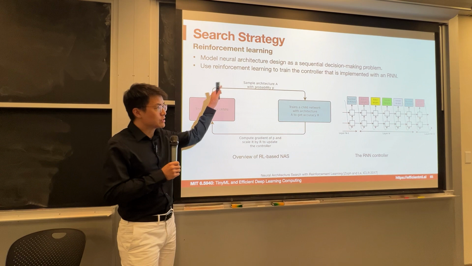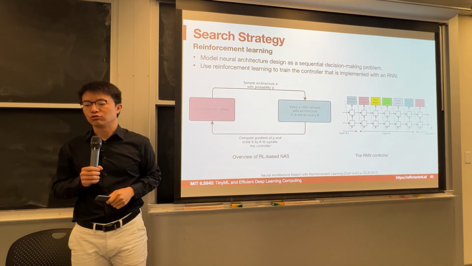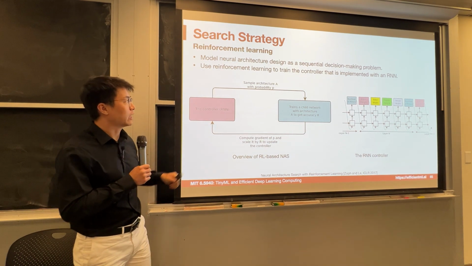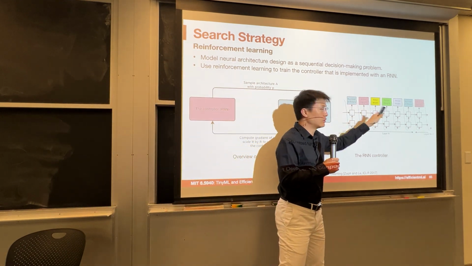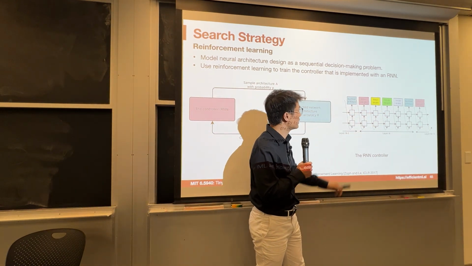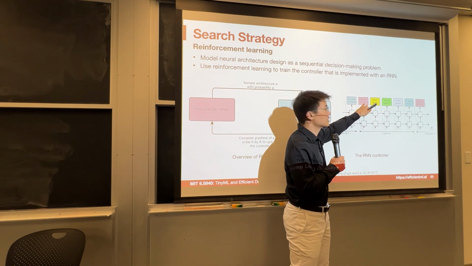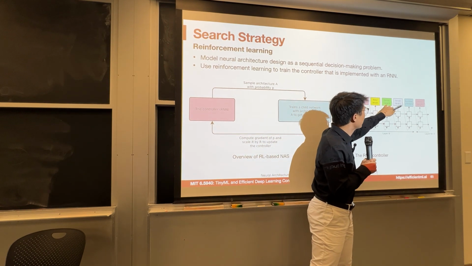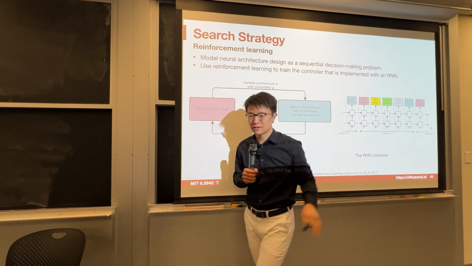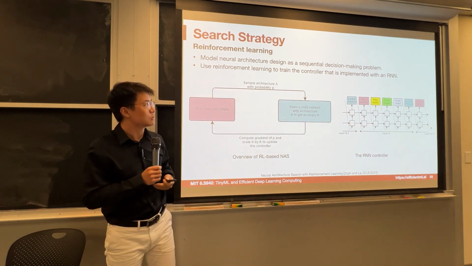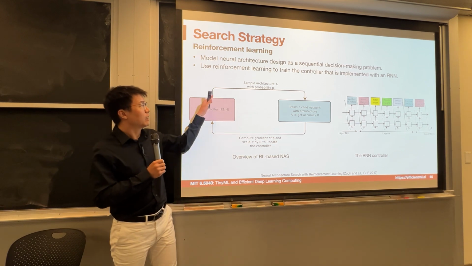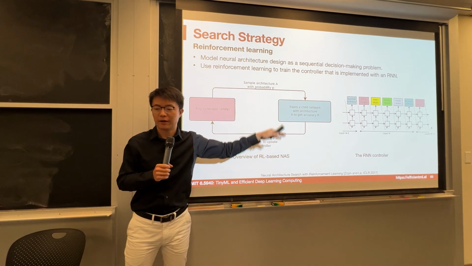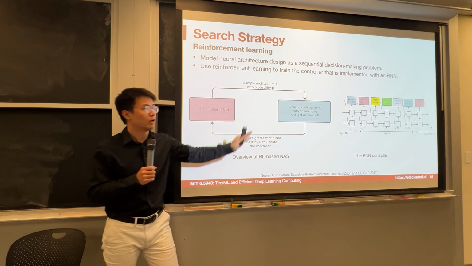Also, people have been using reinforcement learning to choose different actions. For example, previously we could sample an architecture using a recurrent neural net, choosing the number of filters, the height, width, stride, etc. Lots of choices, so that consists of making it into an action space. Then it can sample an architecture by making all these choices.